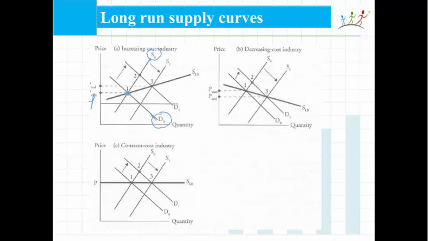Will it immediately increase the demand for tea? So the demand for tea will become higher. At the same price, the demand will increase from D0 to D1. At the same price, the demand will increase from the earlier level to a higher level.